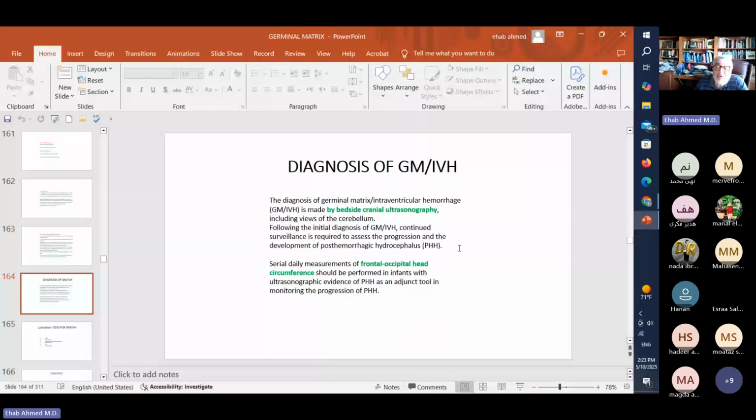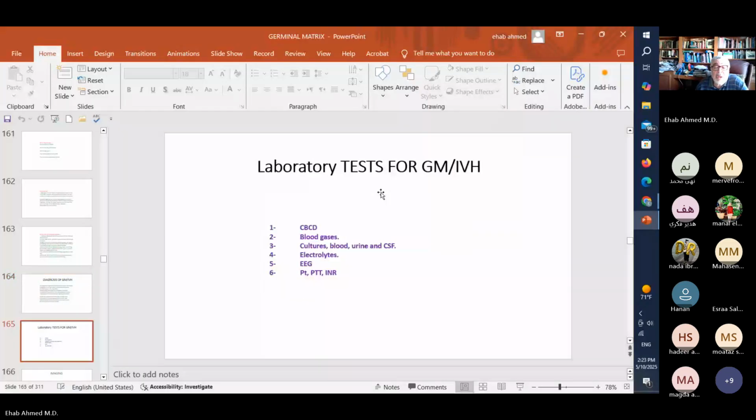So for the diagnosis of GM-IVH, the gold standard is cranial ultrasound, period. And I am not going to talk much about it because they are more experienced than myself in doing cranial ultrasound.